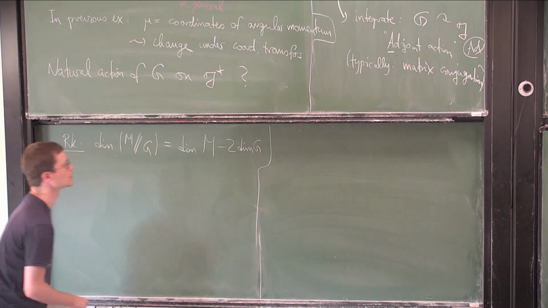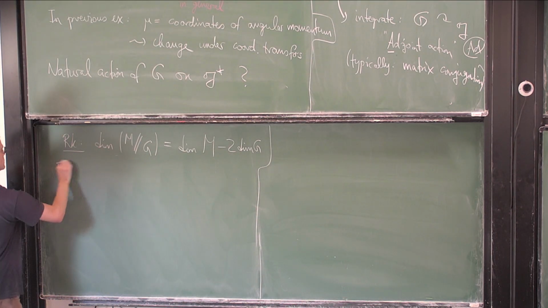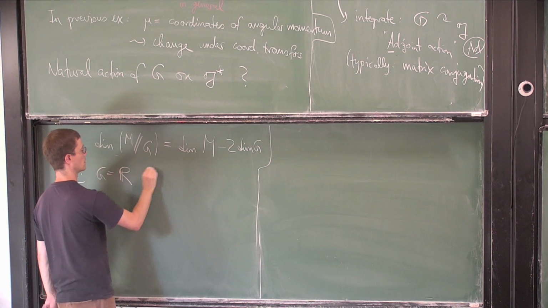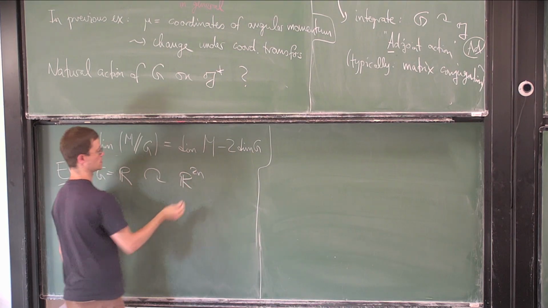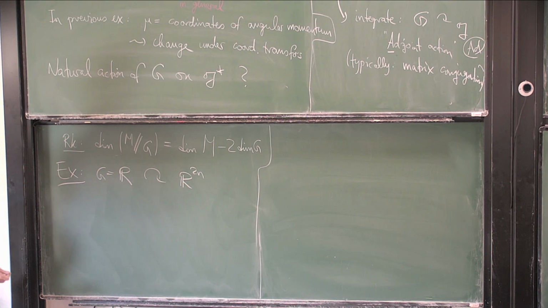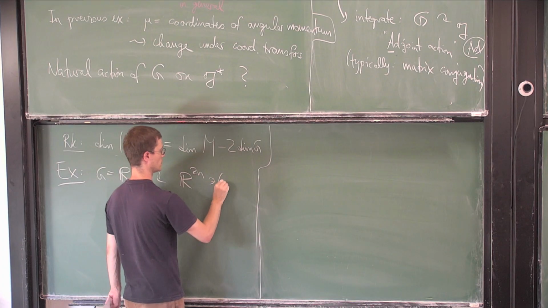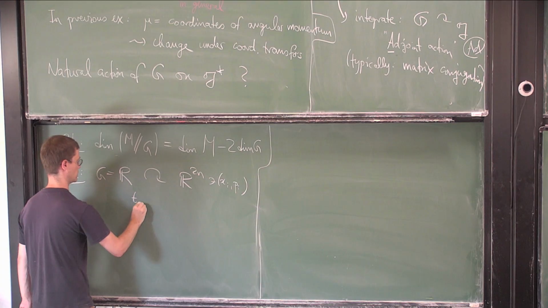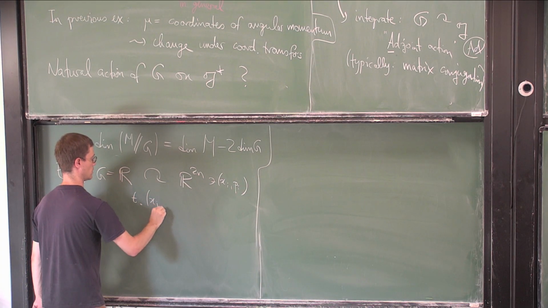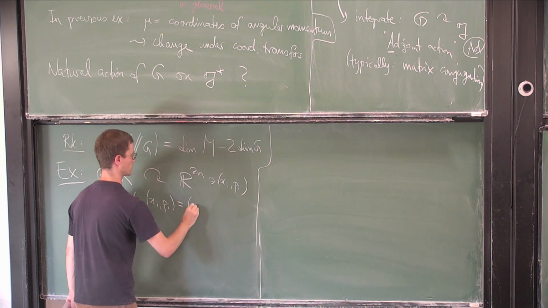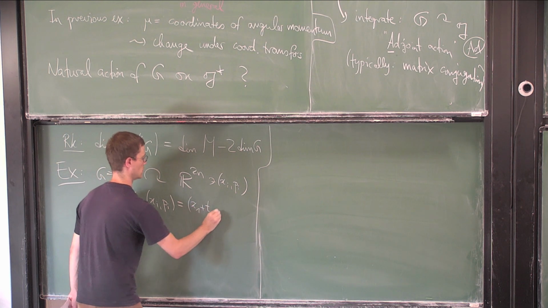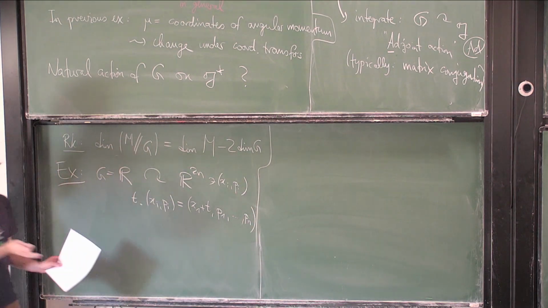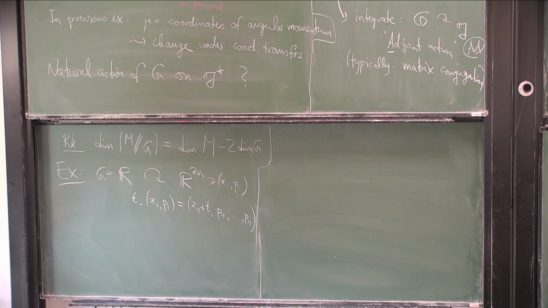Okay. Example. Let's take again a very simple example. Let's take R acting on R^2n just by shifting the first x coordinate. So we have x_i, p_i. And let's say that t acts on x_i, p_i by shifting x_1 by t, and all the rest does not change.